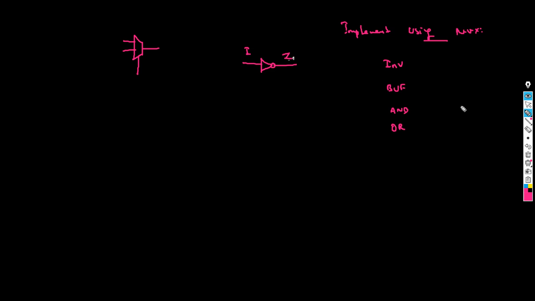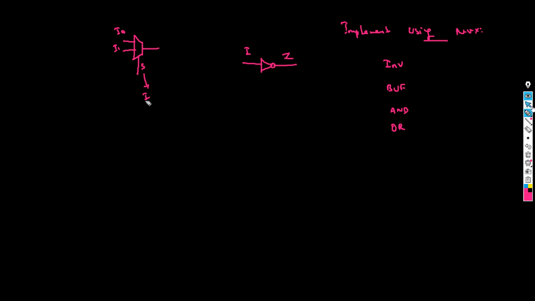There are I0 and I1. Say this select line is now connected to your I. Correct? Okay. So now what else?